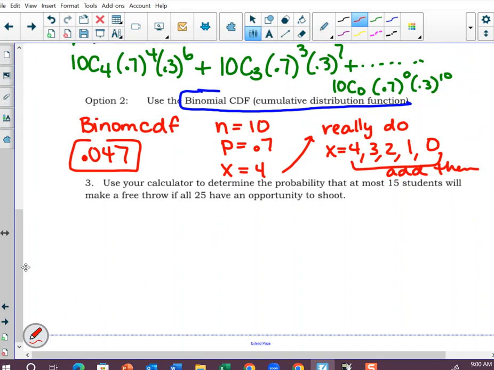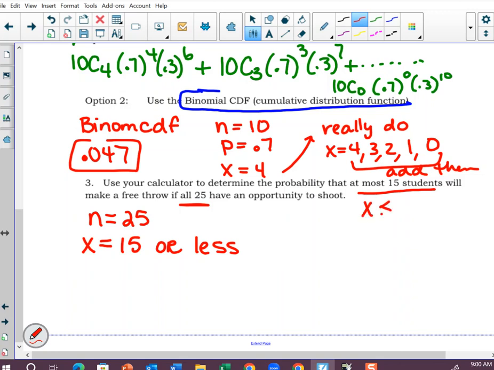All right, so why don't you try this one? All 25 students are going to shoot. X is 15 or less. At most 15 means X is less than or equal to 15.